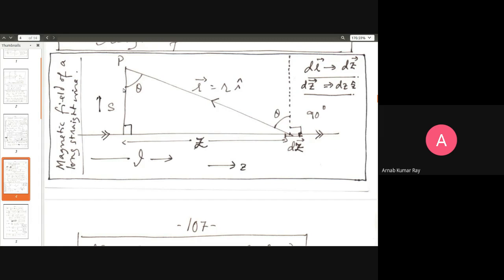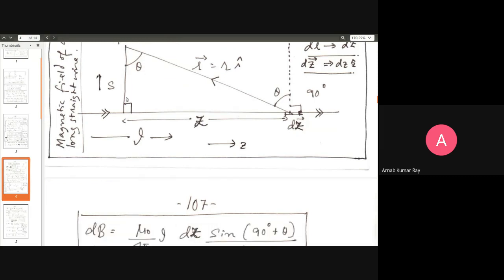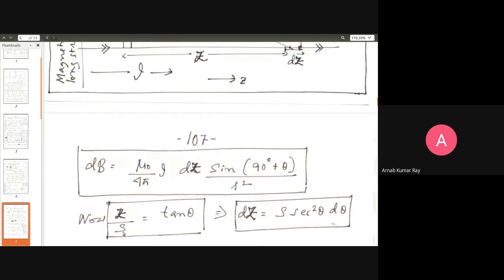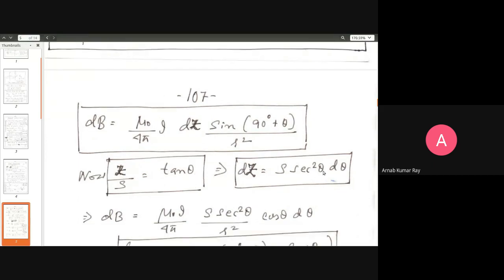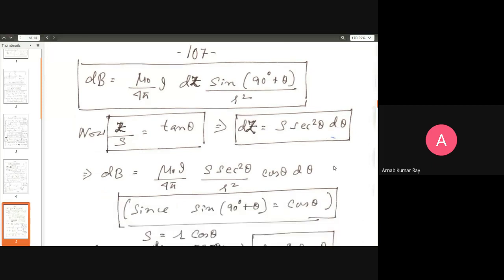So this shortest distance between P and this wire is a fixed quantity. So that's a constant. So dz will be S d tan theta. And what is d tan theta? Sec squared theta d theta. So first we have eliminated z over here.